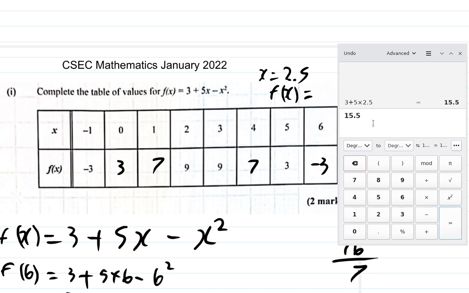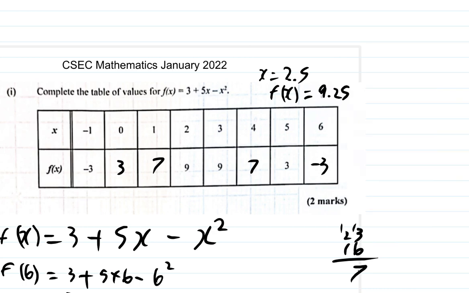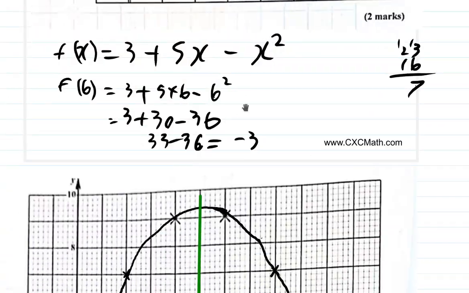That gives you 15.5 minus 2.5 squared is what? 9.25. So the maximum point would be 9.25, right?